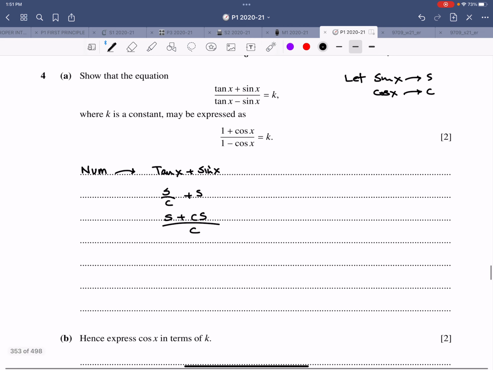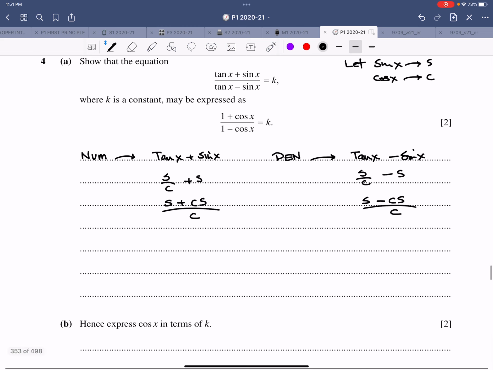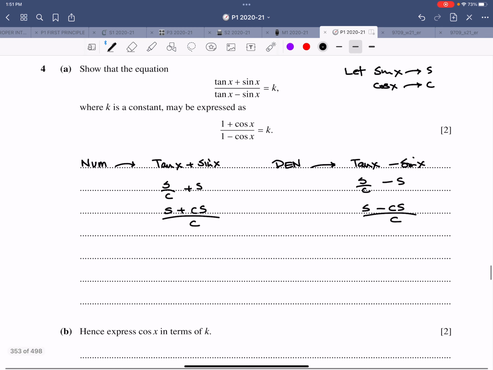Similarly, the denominator, that is tan x minus sine x. That is sine over cos minus sine. That is (sine minus cos times sine) over cos. So this is the numerator. This is the denominator. Now simplify. I'm just simplifying this side. Okay, so be careful. This is the numerator.